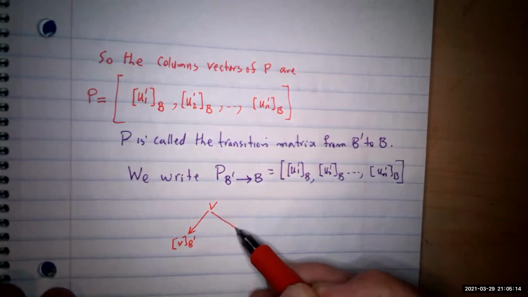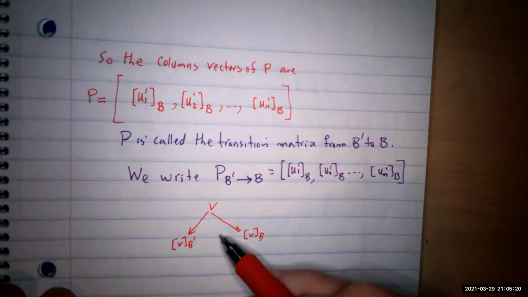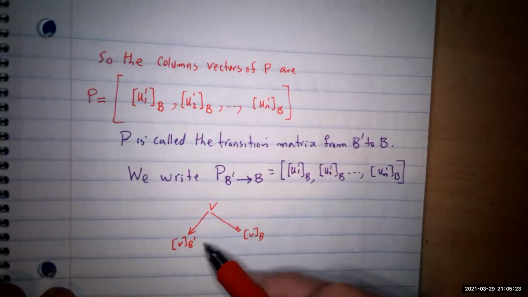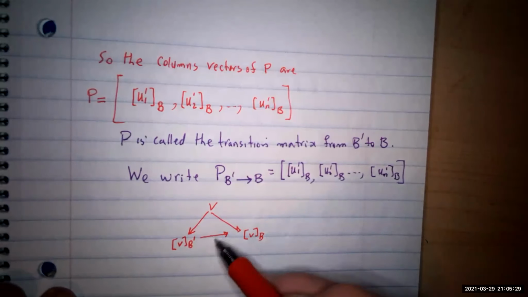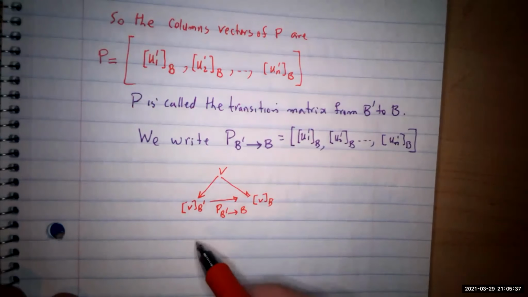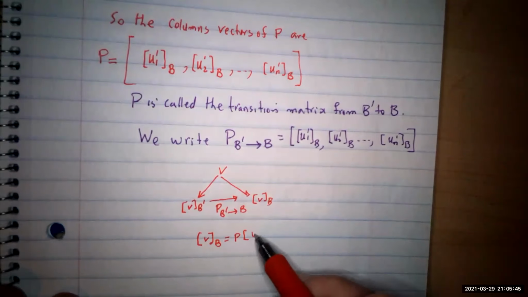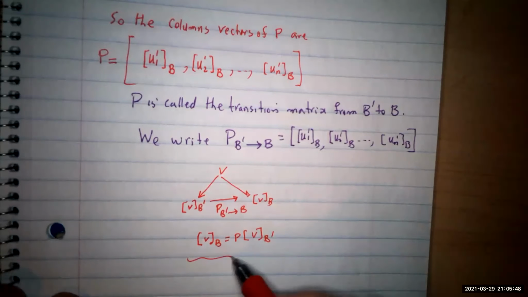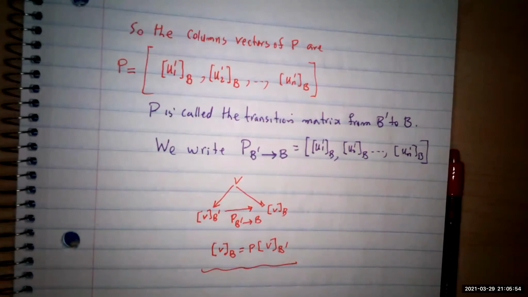Then you come from here and go to B, but P is going to be in between: P from B prime to B. So the coordinate vector with respect to the new one is going to be in this format. That's the one we call change of basis.